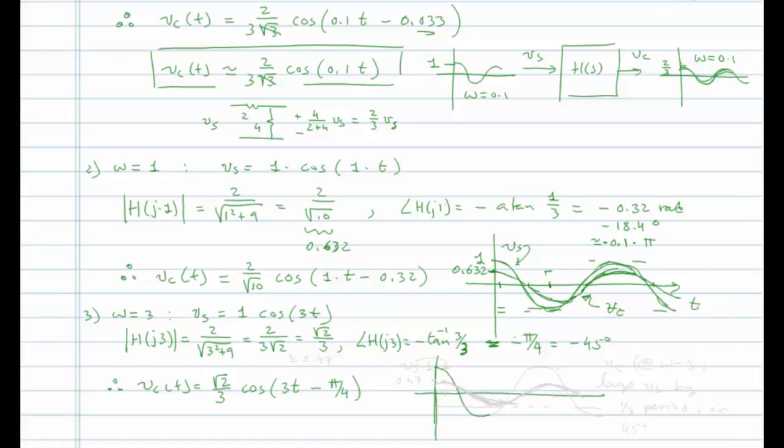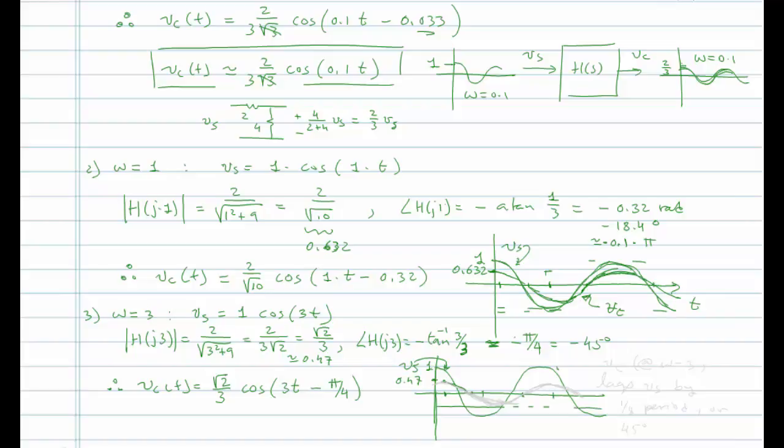So now what do we have? If this was our cosine wave before, Vs, now we're at a magnitude of square root of 2 over 3, which is 0.47. So we're somewhere around here, 0.47, and now we're lagging by a quarter cycle. So a quarter cycle is right here.